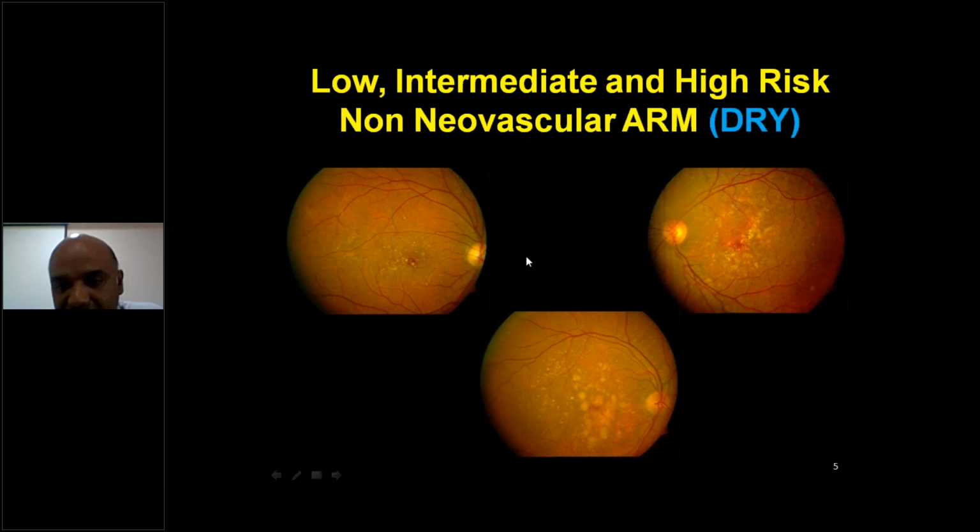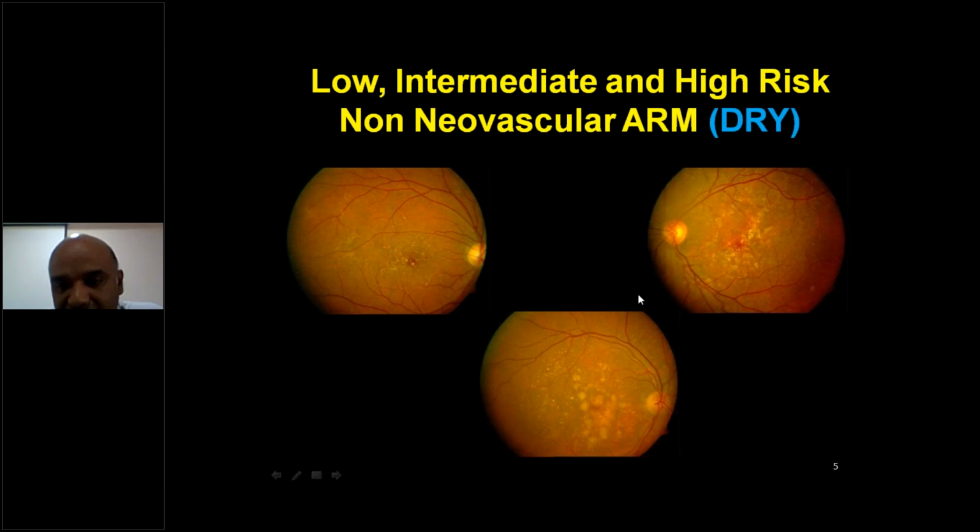So which carries more risk for developing neovascular AMD? If you see the drusen in these three pictures, the drusen here are quite big. They are big in size. So the risk is very high in the third picture, the one I am showing with the arrow. The risk is very high to go into neovascular or wet AMD compared to the earlier two pictures.